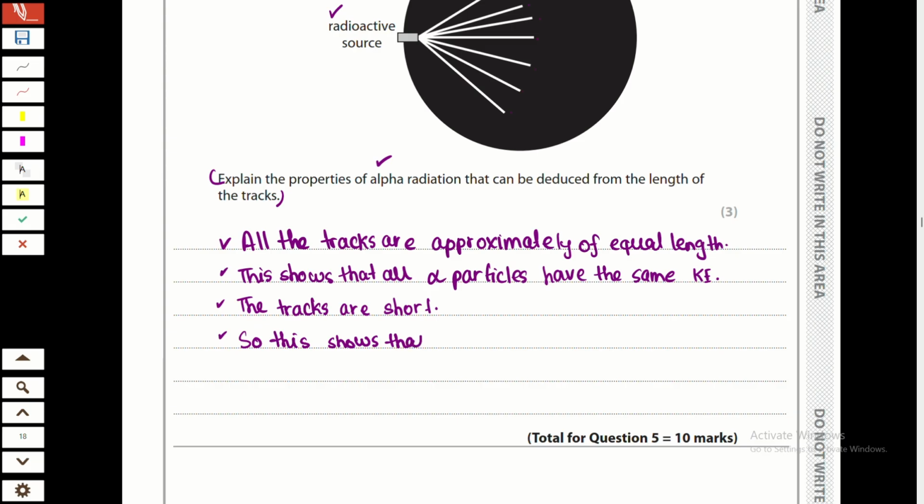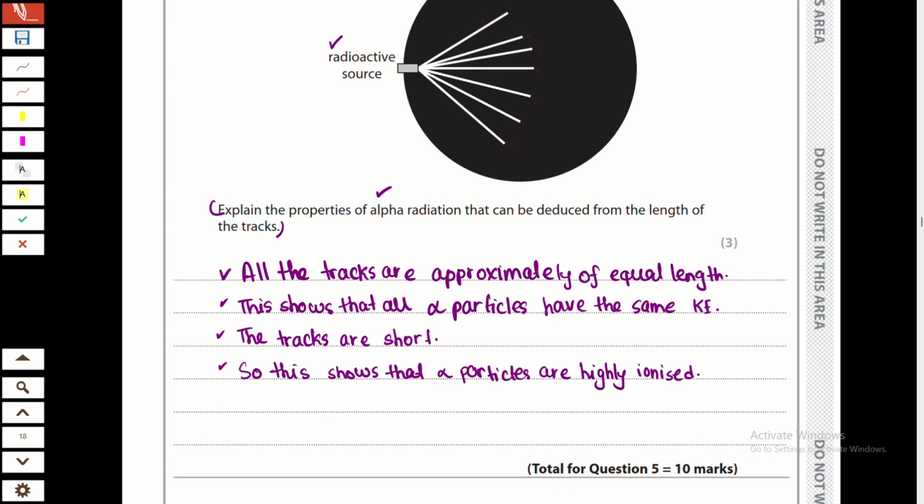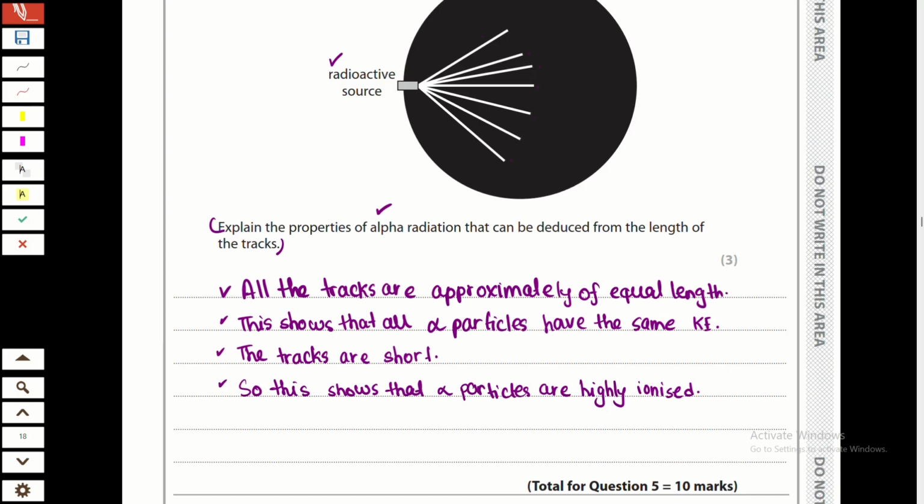So this shows that alpha particles are highly ionizing. Since they are highly ionizing, they are easily absorbed by matter, and so they are absorbed by matter before they travel long distances or long ranges.